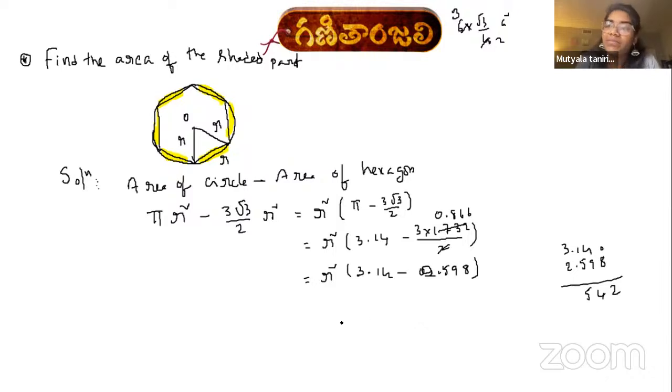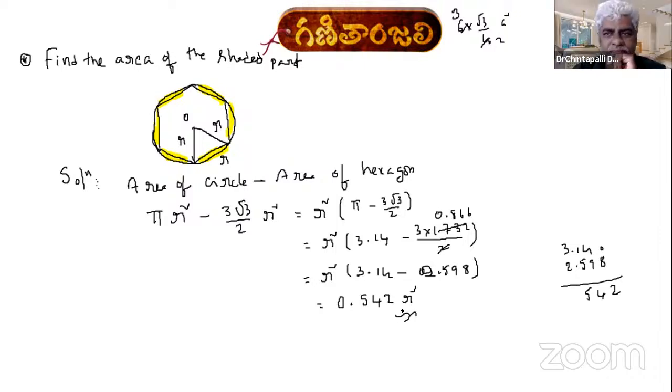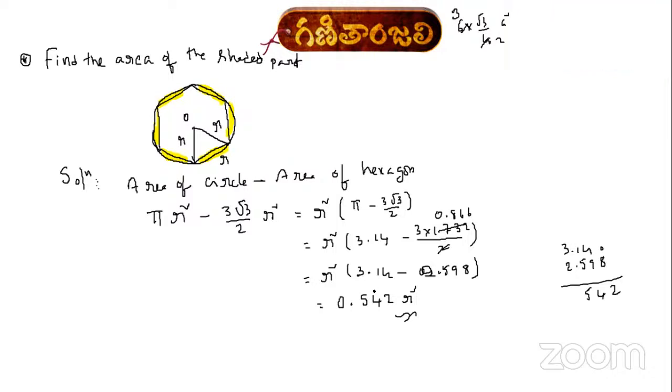So r square times 0.542. It's the answer, right? Yes, sir. Josna, are you there? Yes, sir.